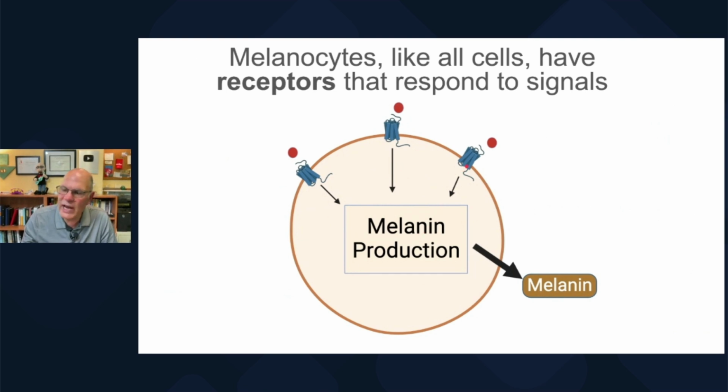And here's a receptor on the surface of the cell. This would be the membrane of the cell. This would be the cytoplasm. There would be the nucleus somewhere in here. And we'll get into all the details of how different cells work. But the thing to know for now is that in response to a hormonal signal, this receptor will induce changes inside the cell that lead to the production of melanin.